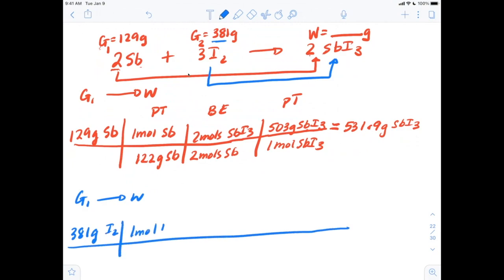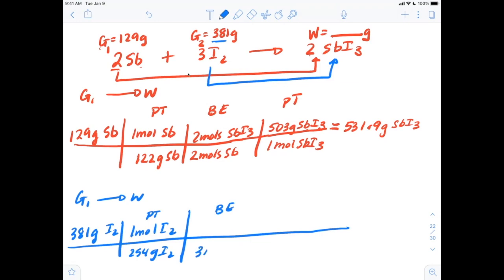1 mole of I2. Again, PT first. What is I2? I just said 127, right? Times, is it 127 for real? I need to verify that. Times 2, 254 grams of I2. Then BE. This time you're looking at the balanced equation relationship between the given and the wanted that you're looking at right now.